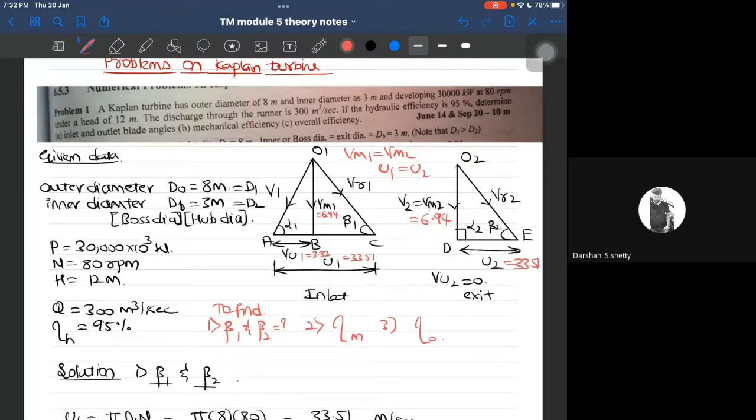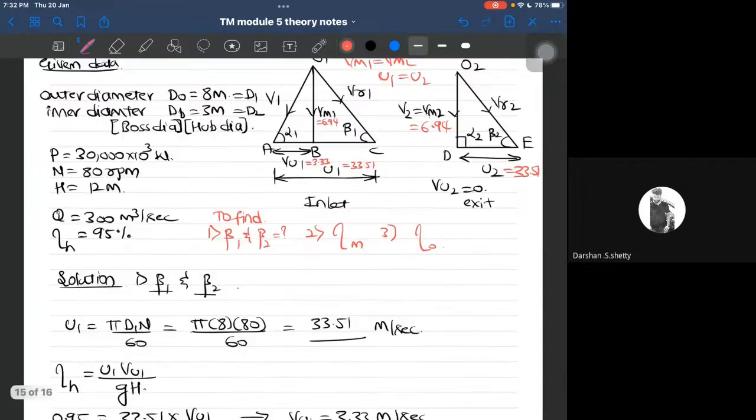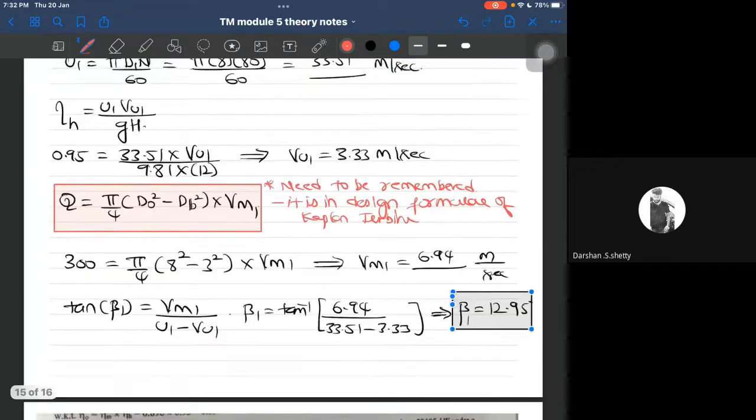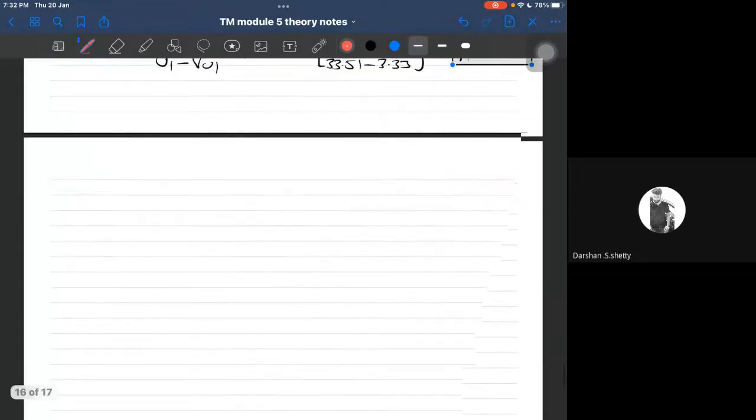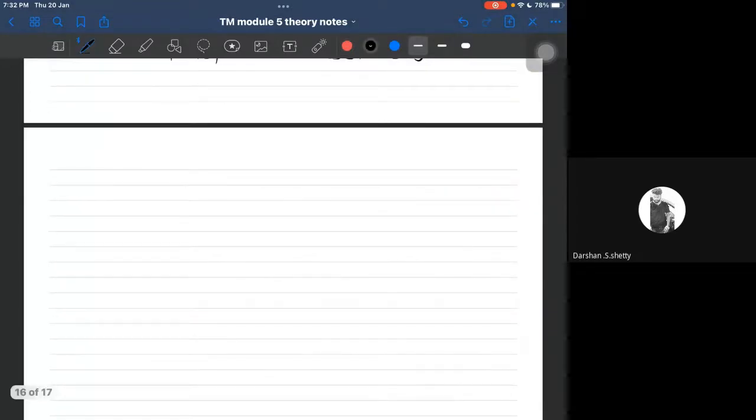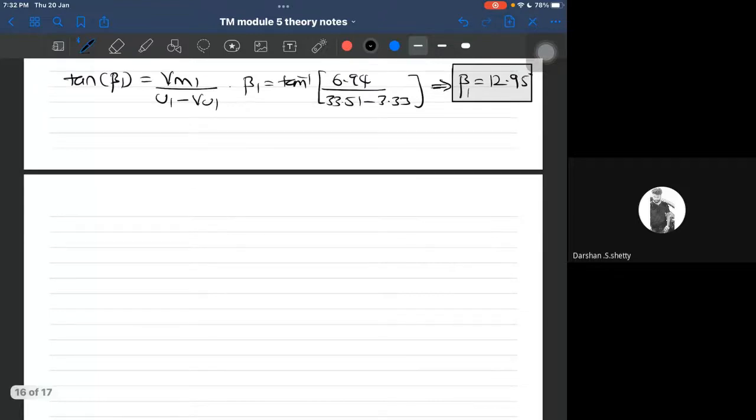So taking that into consideration, I can now immediately apply tan beta 2. If I apply tan beta 2, opposite would be Vm2 divided by U2 there.